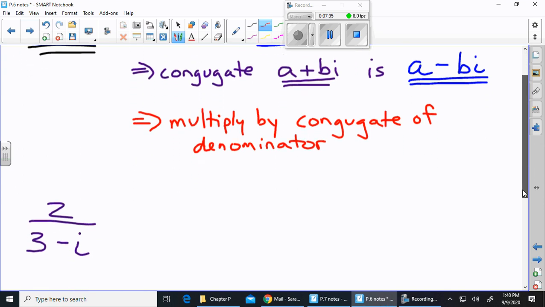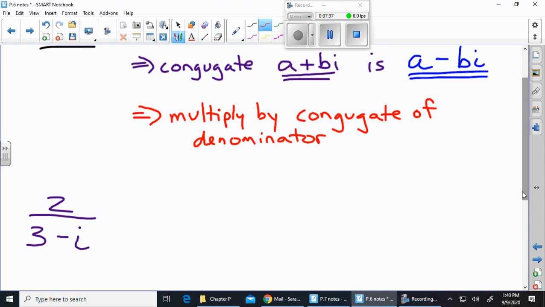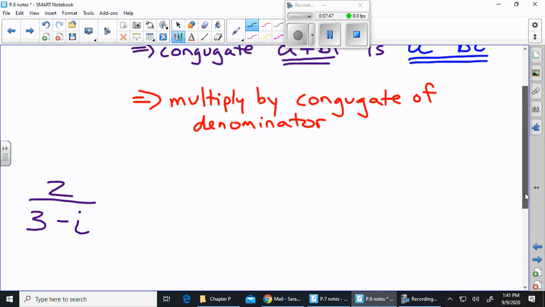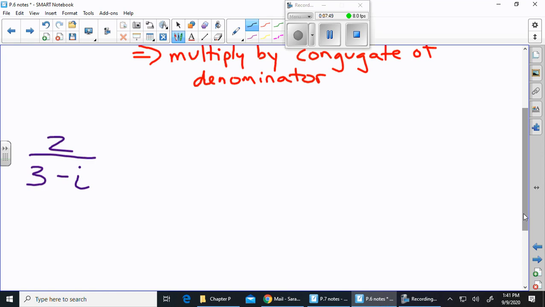So you're multiplying the denominator by the conjugate, and whatever you do on the bottom, you do on the top. So if we look at this first problem, I look and I say, well, I got 3 minus i on the bottom, so I got to do 3 plus i. Whatever I do on the bottom, I got to do on the top.